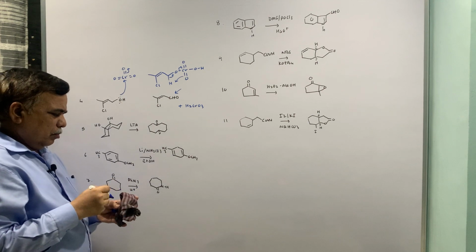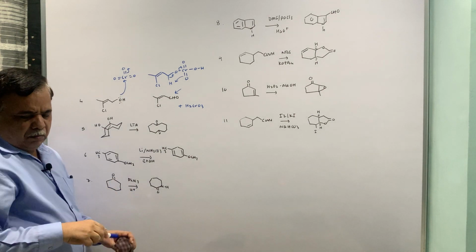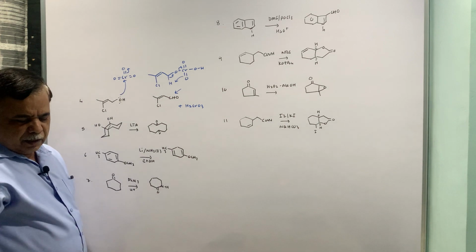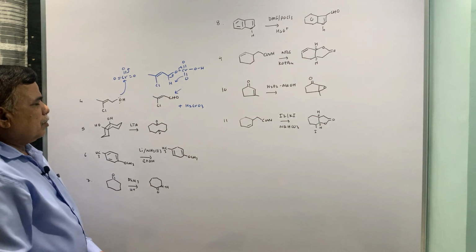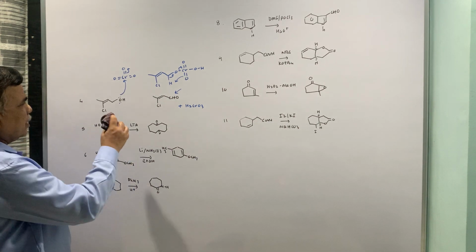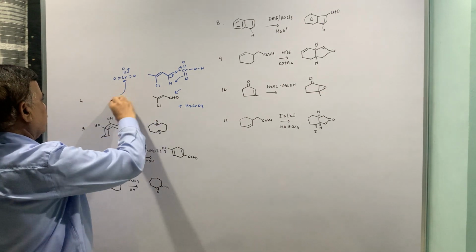So your CrO3 is becoming H2CrO3, it is undergoing reduction, and this primary alcohol is becoming aldehyde.